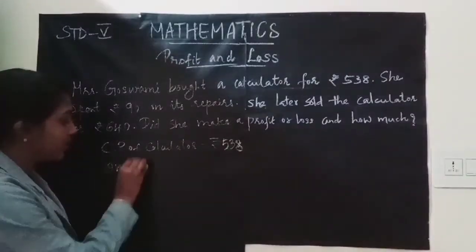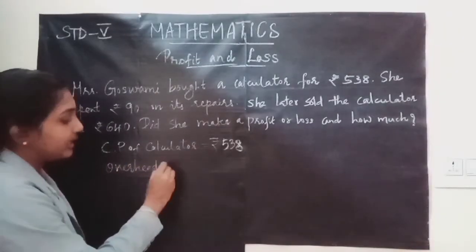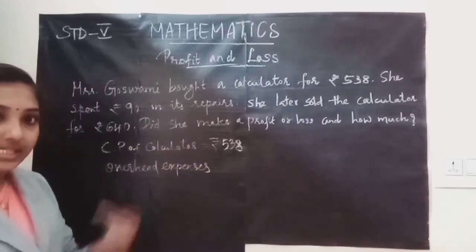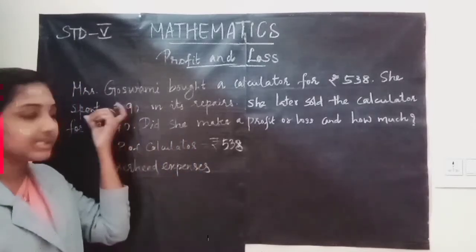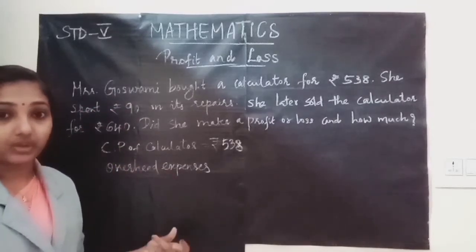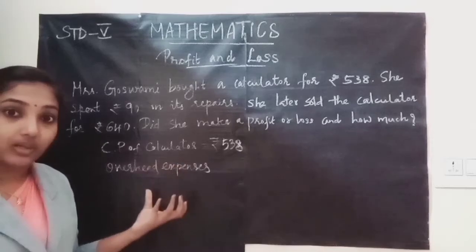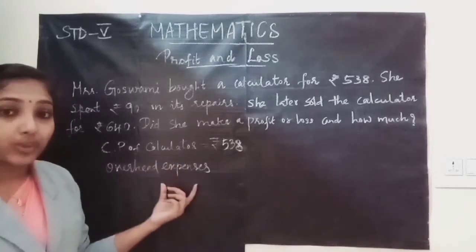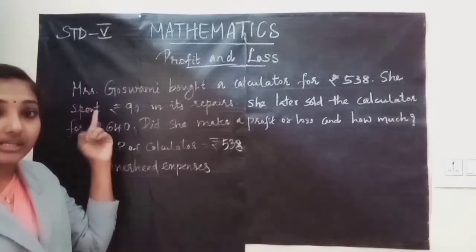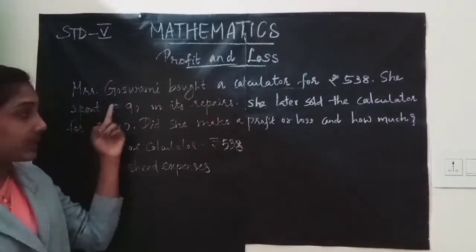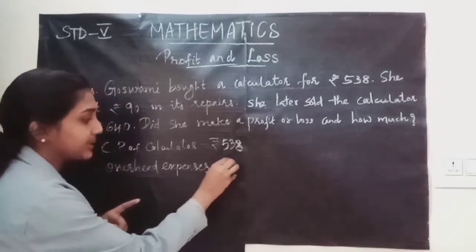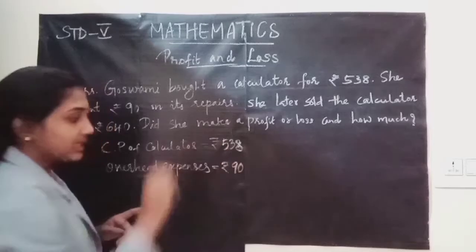These include the money spent on repairs or the transportation cost, like that. So here Mrs. Goswami had an overhead expense of rupees 90. We can write overhead expenses is equal to rupees 90.